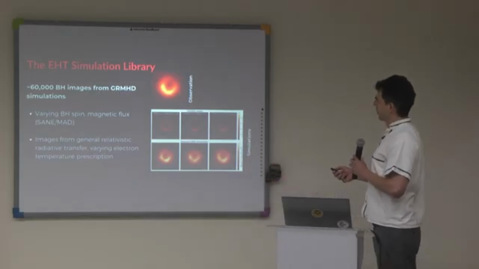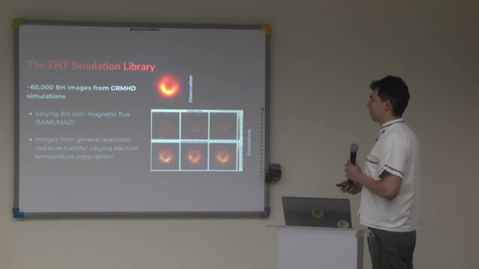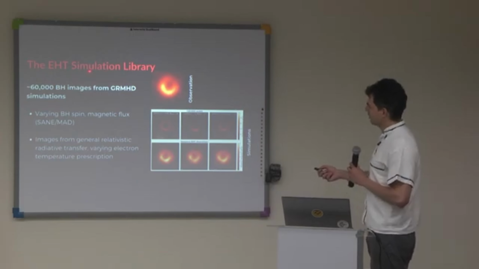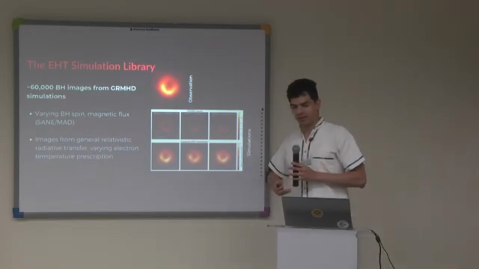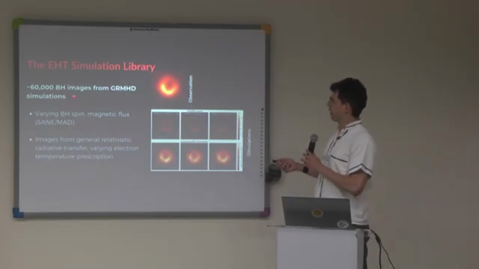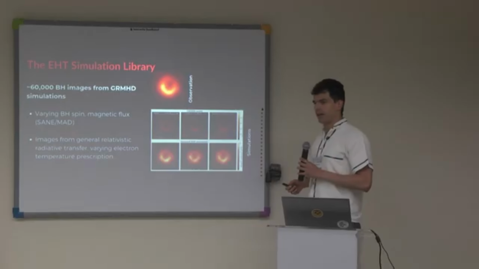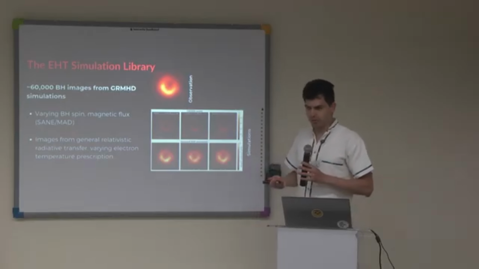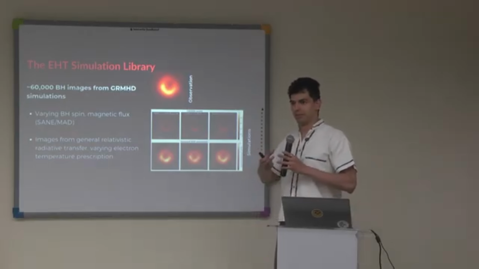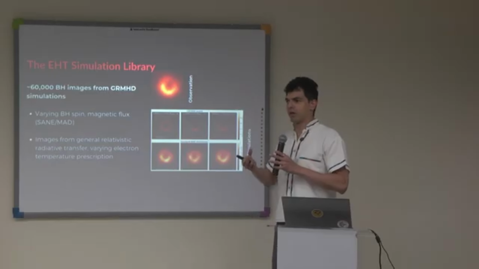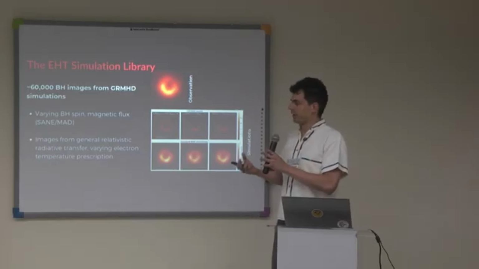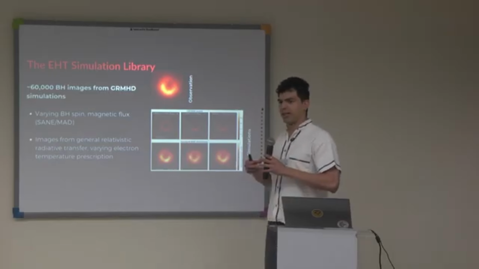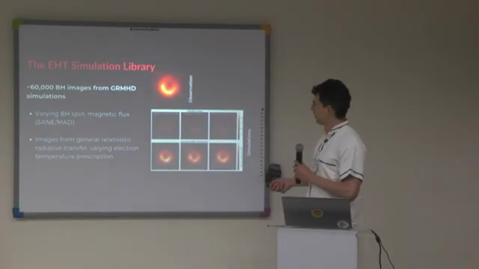However, one of the most useful tools in order to interpret the observations that the EHT produces are simulations. Actually, the way we constrain, for example, the size of the shadow that was observed was by comparing the observations with a library of simulated models.